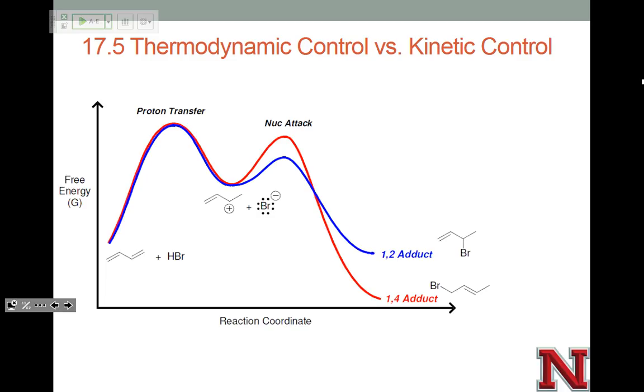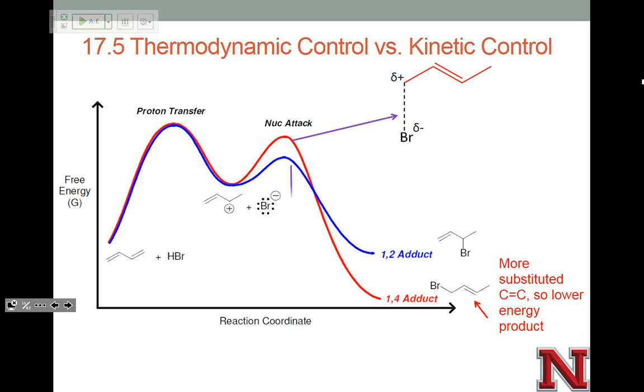The difference is the transition state once we attack. So when the nucleophile attacks the least substituted positive charge, or the carbon from the resonance structure that is least substituted, that's going to lead to the formation of this transition state.